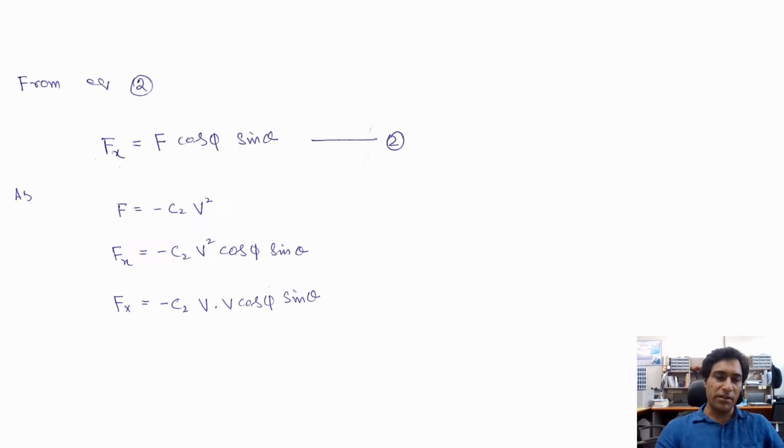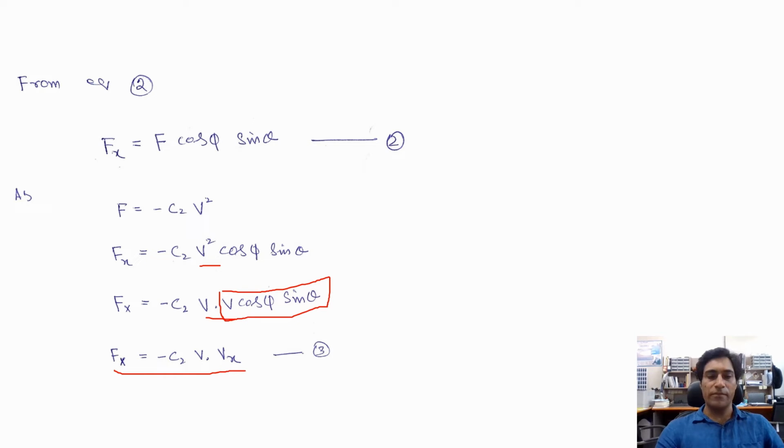Here we will split this equation, because we know that the x component of the velocity is equal to v cos phi sin theta. So we will simplify this equation into Fx equal to minus c2 v times vx. So this is equation 3.